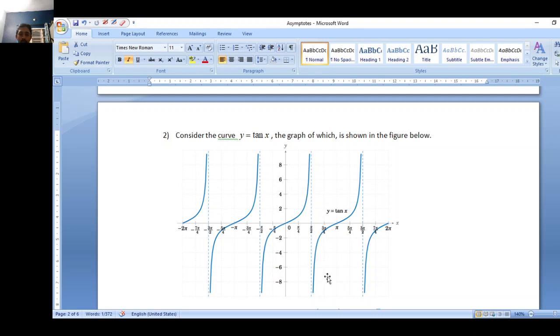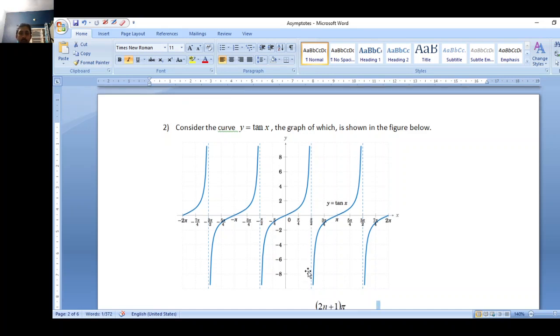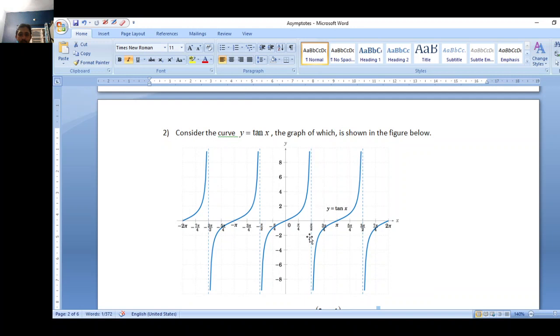These two branches look as if they're going to touch this particular line as x goes closer and closer to pi by 2. So when x approaches pi by 2, we see that these two branches of the curve meet the line x equals pi by 2. So accordingly, x equals pi by 2 is going to be an asymptote to this curve.